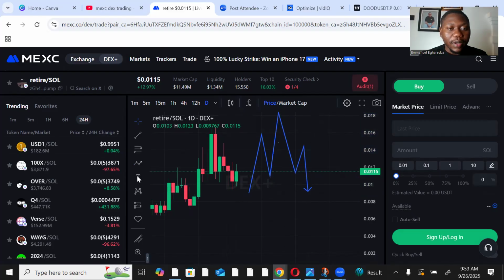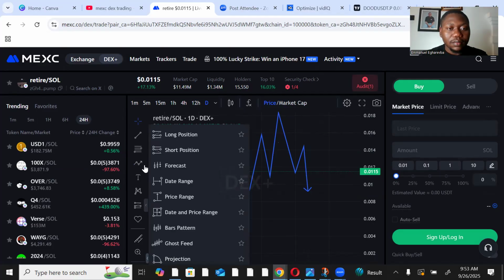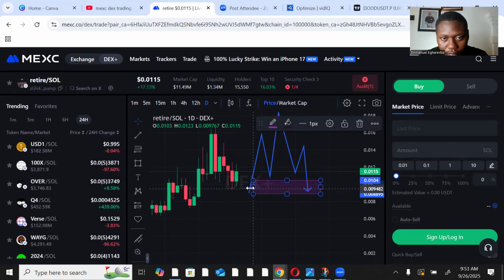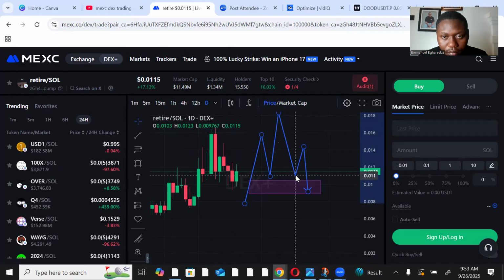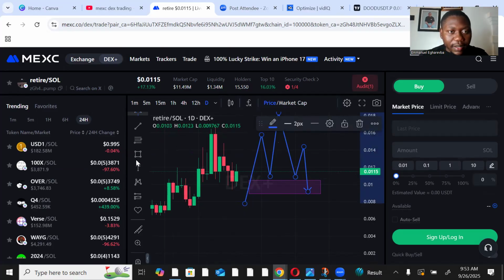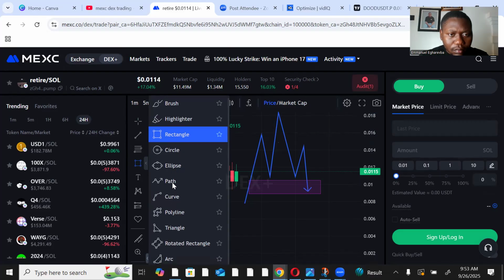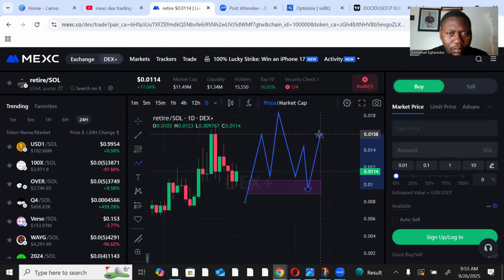So this is our real POI. This is our real POI. Price taps in and then begins to move.